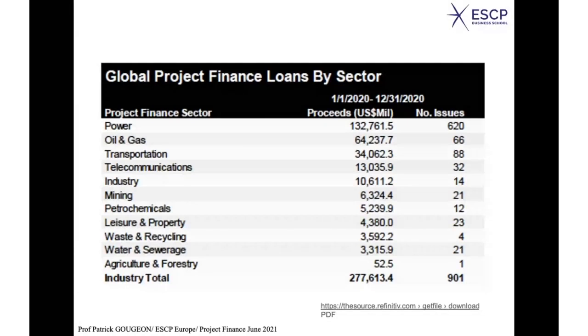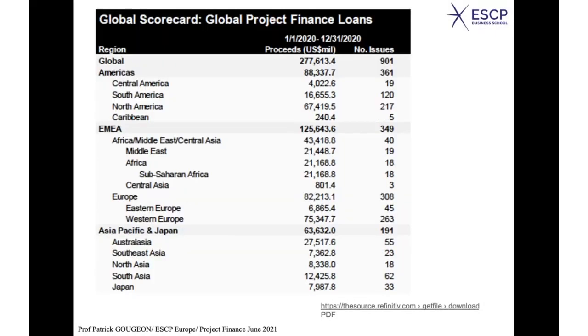So what about the regions? You have here the different blocks. If you look at the Americas, it includes North America. You see that North America is a big contributor to the total amount, 67 billion.